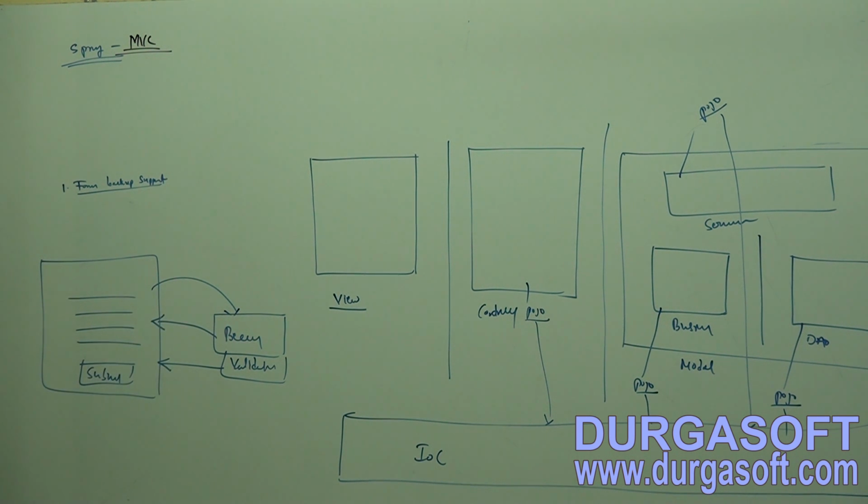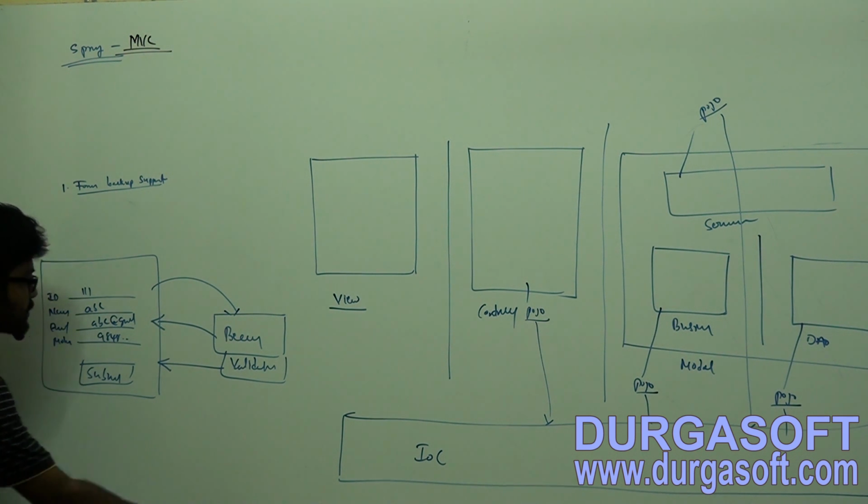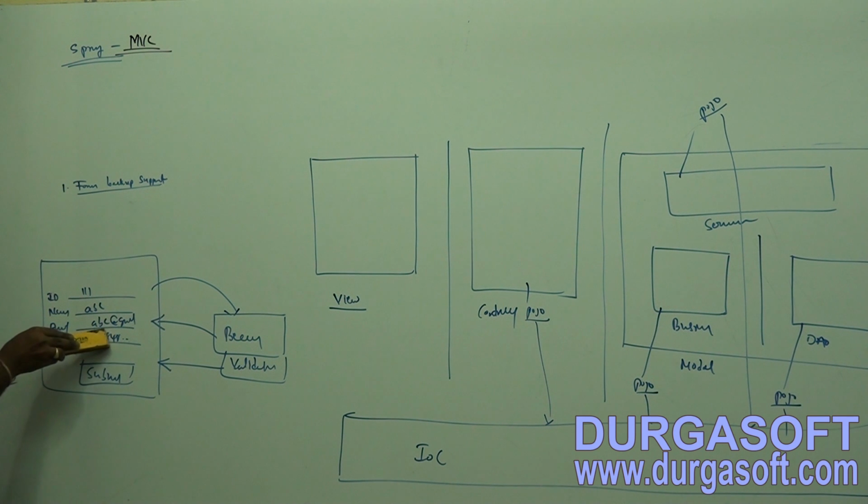Let's say you have properties ID, name, email, mobile. If you enter a valid ID, a valid name, and a valid email, and if you enter an invalid mobile number, in this case, if you want to do server side validations, we need to submit this data.